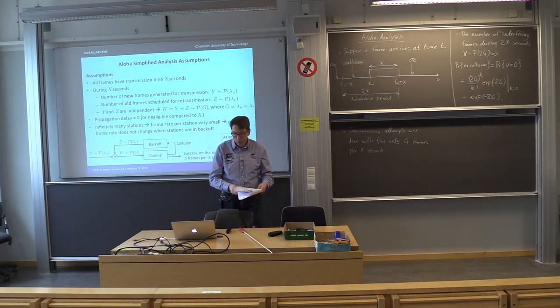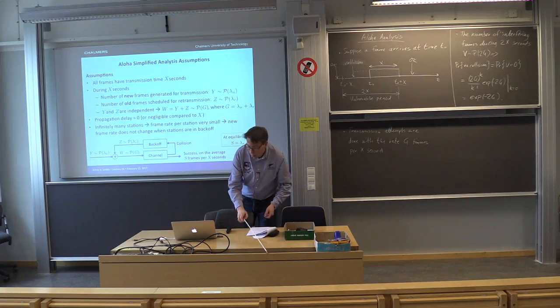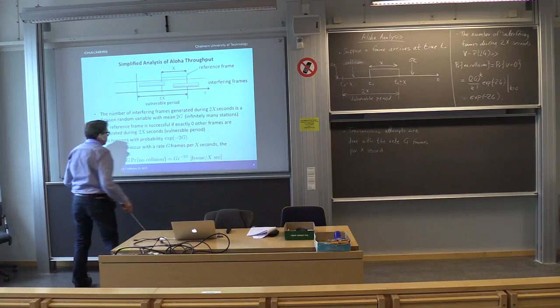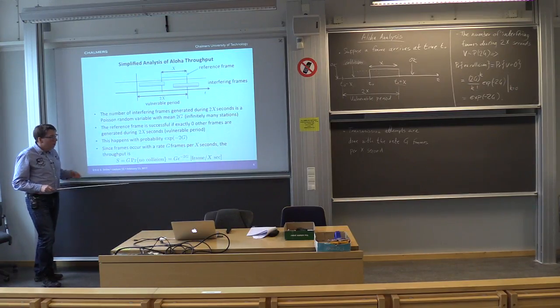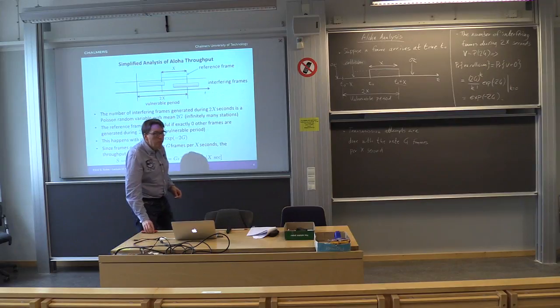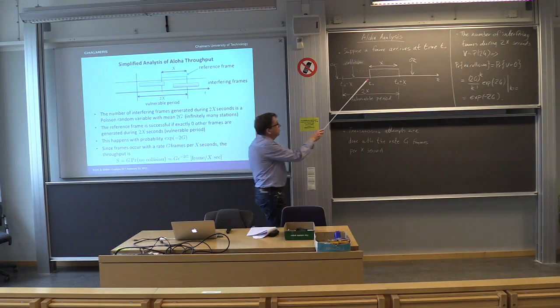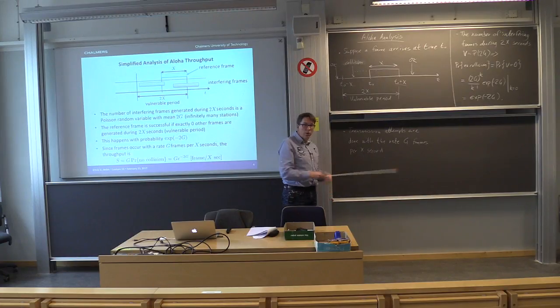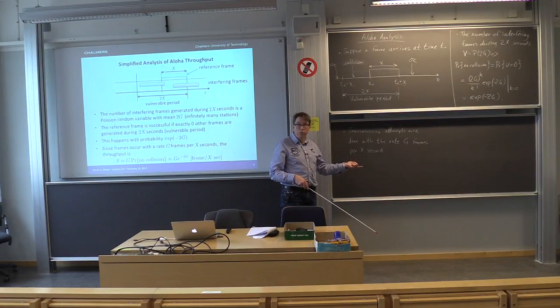Okay. So we are transmitting frames. We are transmitting these frames with the rate G frames per x seconds. Okay. So then the throughput will be G, the number of attempts we do, multiplied with the probability that it goes through. That will be the throughput. Okay.